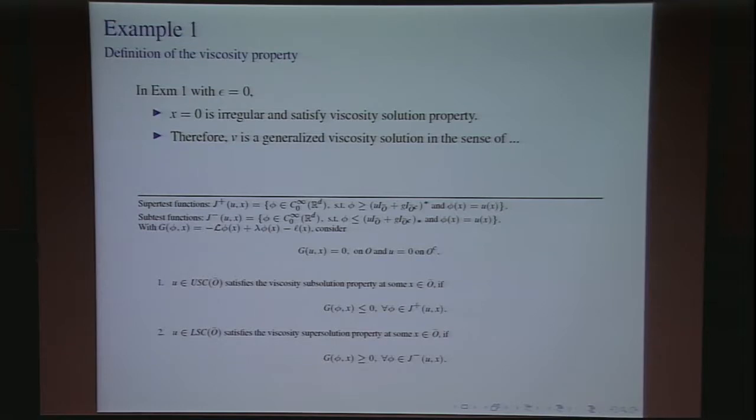At the boundary, regular points satisfy the boundary condition. But this boundary point does not do its job as a boundary point. It does the job as an interior point. So this guy is kind of cheating us. So how does it cheat us?